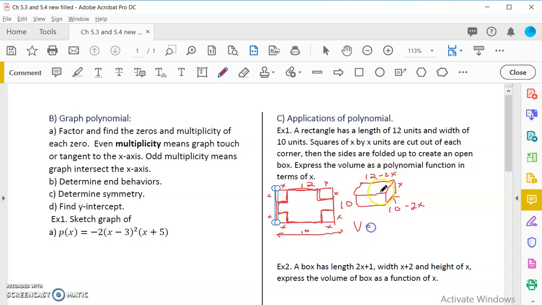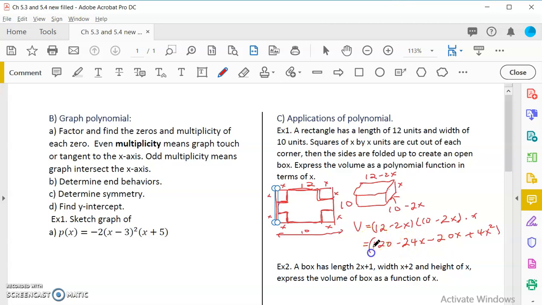So what's the volume? Volume, if you look at the length, width, height, so this would be 12 minus 2x, 10 minus 2x, and then times x. You can multiply it out by FOILing. 12 times 10, it'll be 120. 12 times 2x, negative 24x. 2x times 10, minus 20x. 2x times 2x, plus 4x squared.